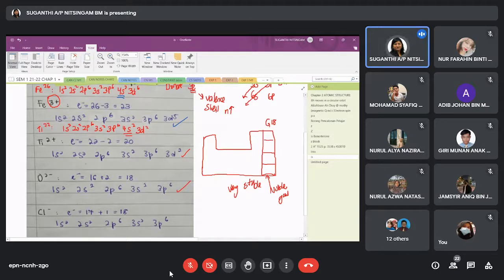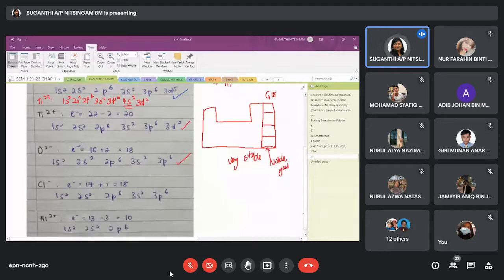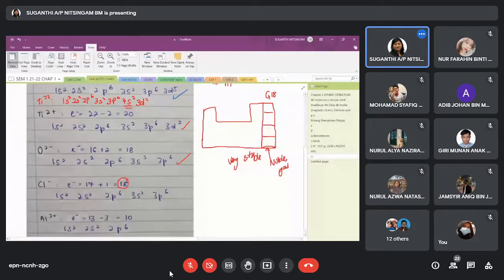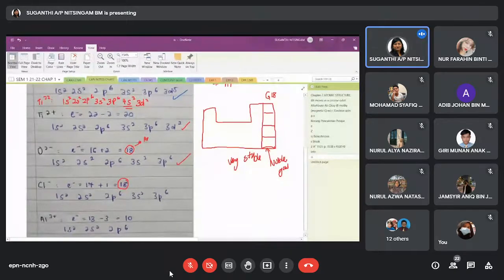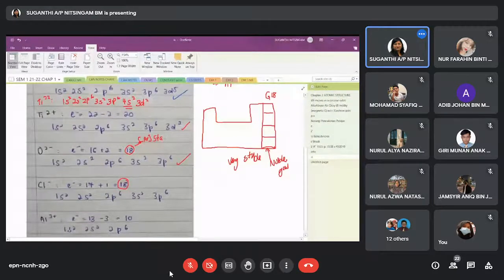You can bring the configuration a bit closer together. You see Cl minus also becomes 18. 18 is argon actually, the argon configuration. So argon is the stability of noble gas configuration.